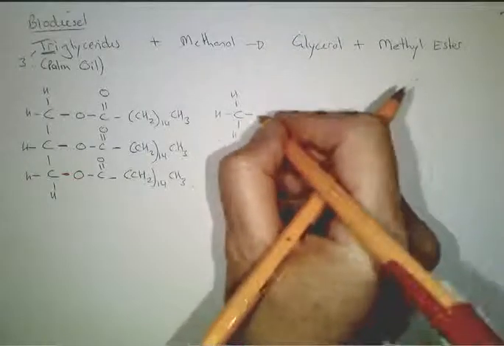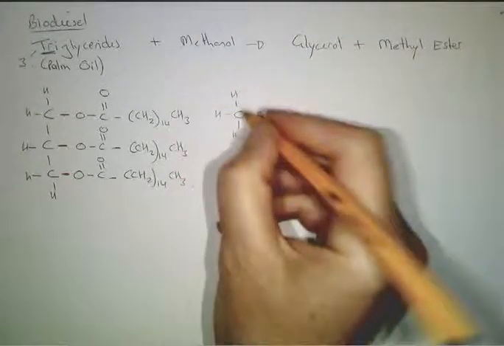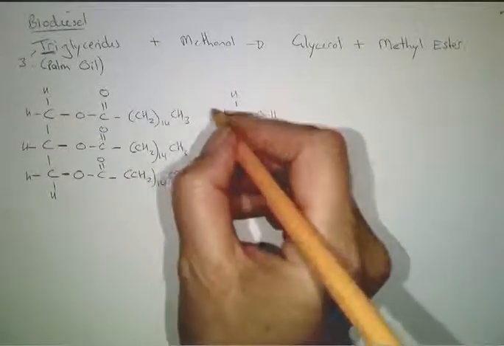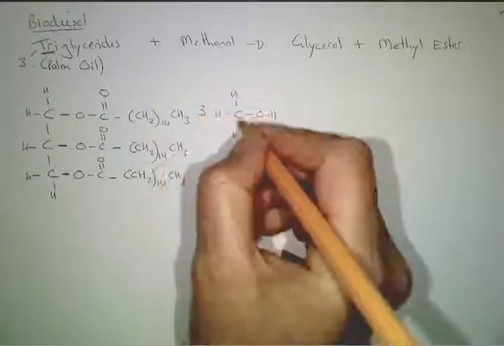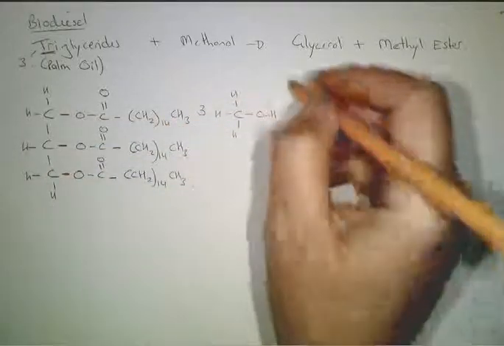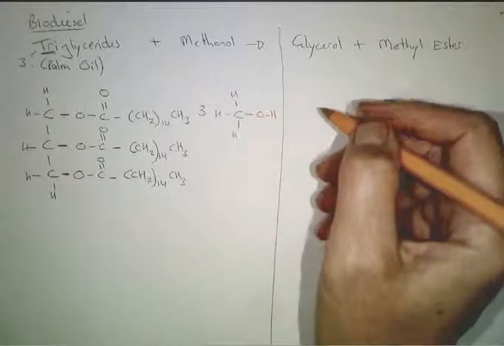I'll just write the overall reaction. This part here is where the 2 sections will break up, and this section is going to go onto here, and this section is going to go onto there. We need 3 of these, one for each fatty acid chain, and then we're going to break it up and make a glycerol molecule.